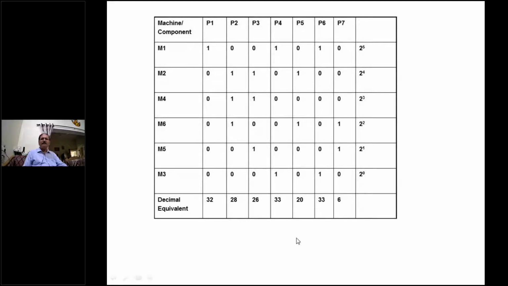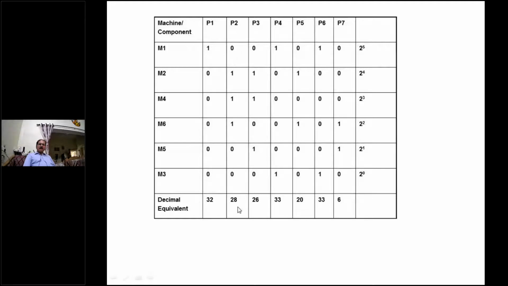After arranging the rows, you arrange the columns. Read each column as a binary word. For the first column, it is 1, 0, 0, 0, 0, 0. You read this as a binary word, so the first column gives the decimal equivalent 32.